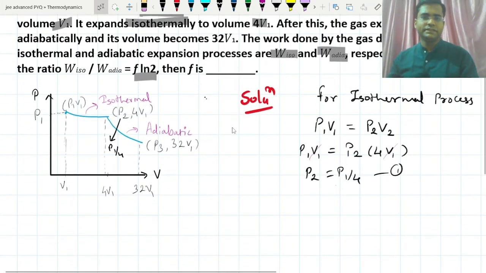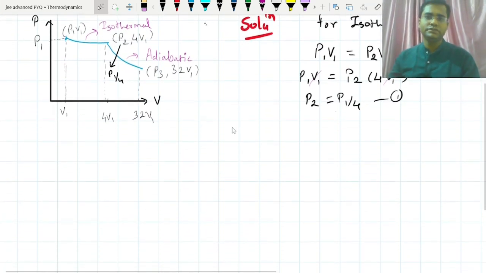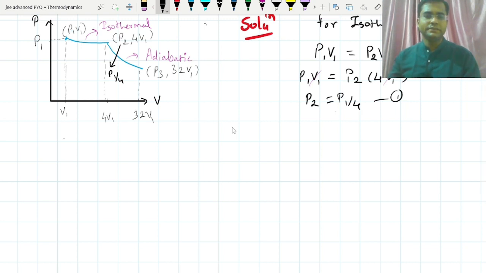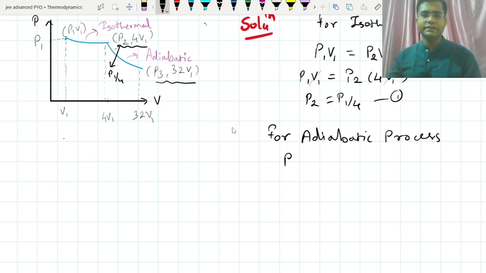So let's find P3 also, which will be useful in the calculation. For the adiabatic process, PV raised to gamma is constant, starting from this point, and the end point is P3, 32 V1.